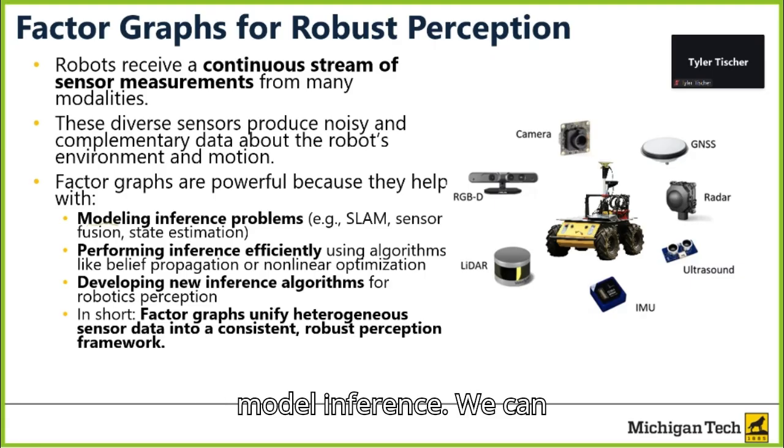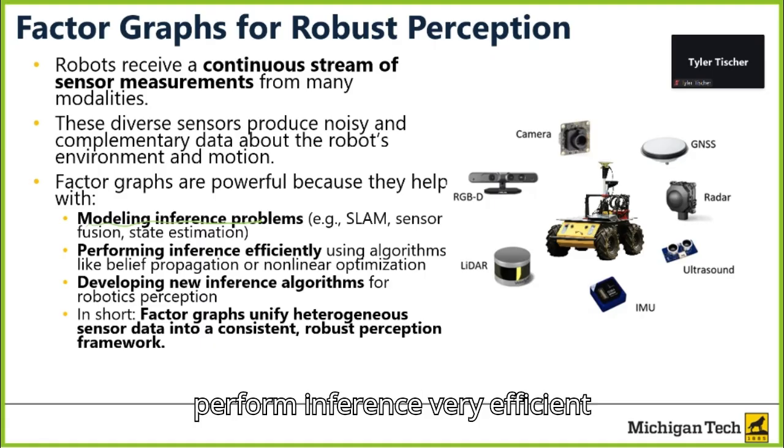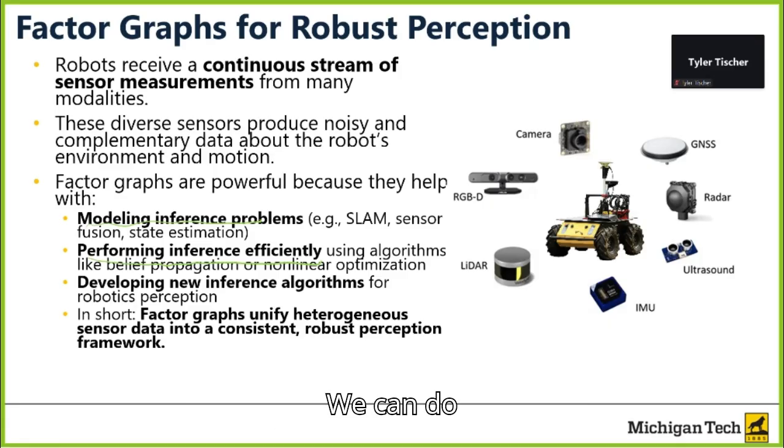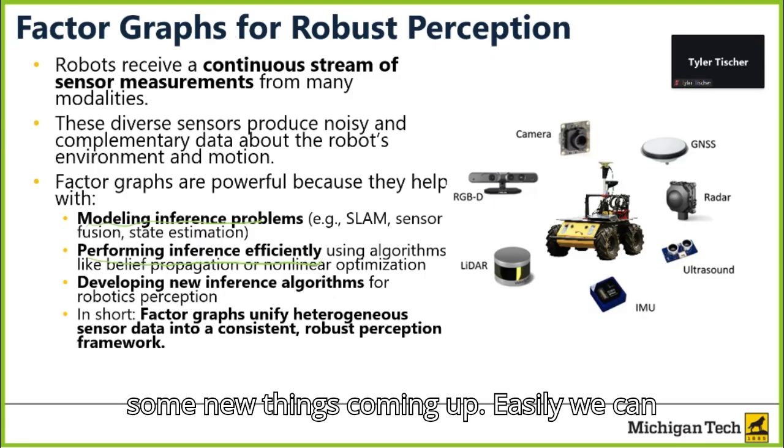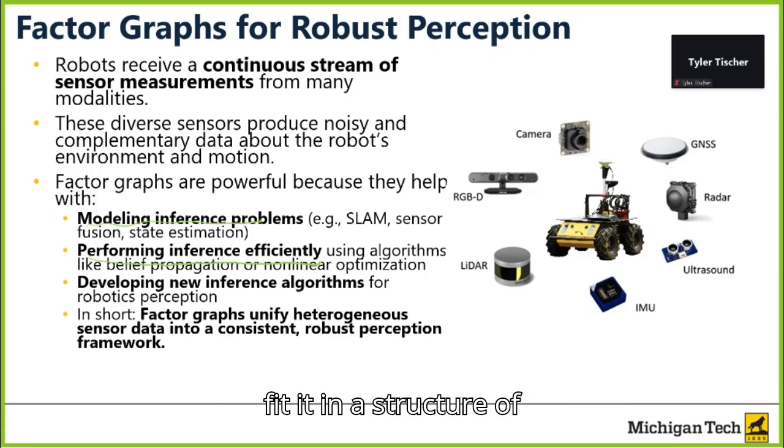So we can model inference, and we can perform inference very efficiently using algorithms that exist for nonlinear optimization. We can even add new algorithms. We can add new sensors, like some new things coming up. Easily we can fit it in the structure of a factor graph.